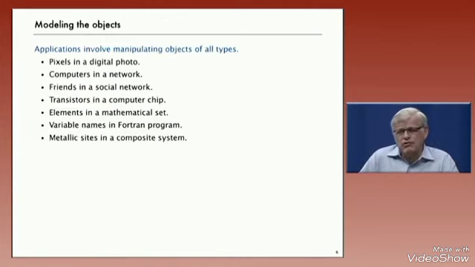Now, applications of these algorithms involve objects of all types. These are used for digital photos where the objects are pixels. They're used for networks where the objects are computers.